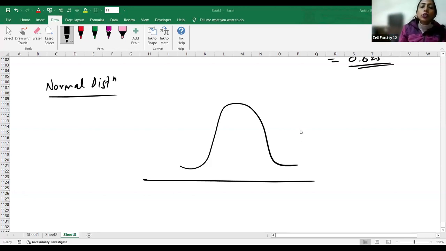In a normal distribution, which is very symmetric in nature, we must know a few things.